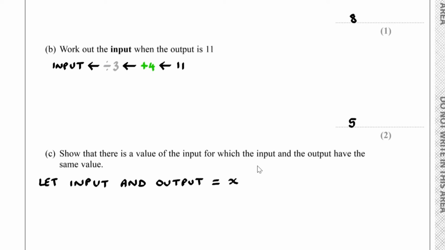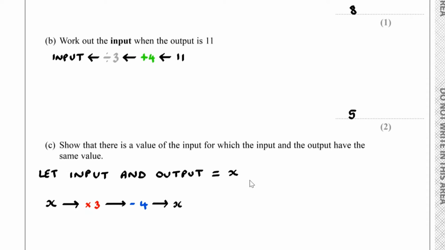Well, what we need to do is let the input and the output equal x. So what we're saying over here is we start off with the x, and then we times by 3, and then we subtract 4, and then we get our output, which is x.